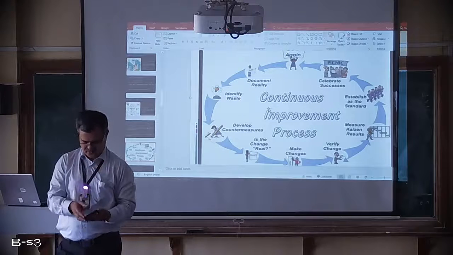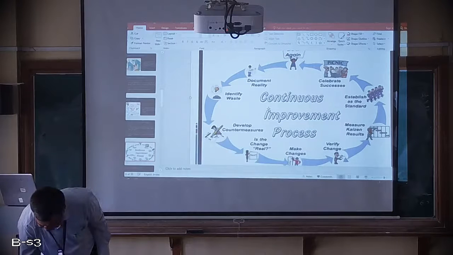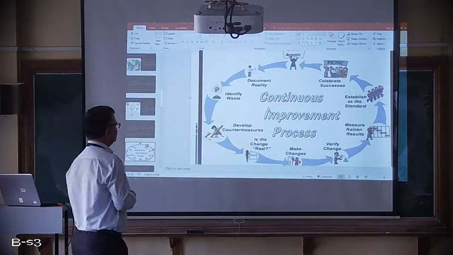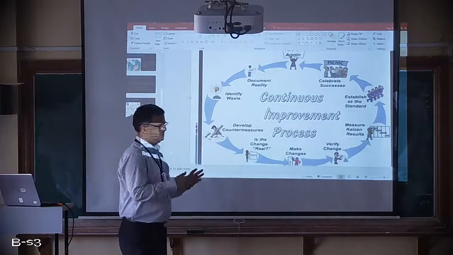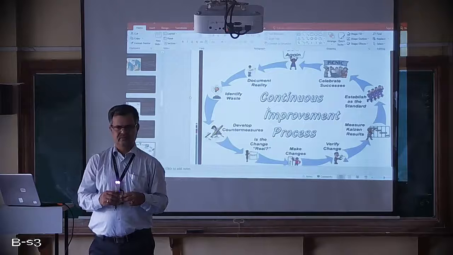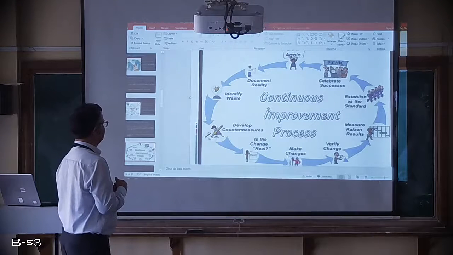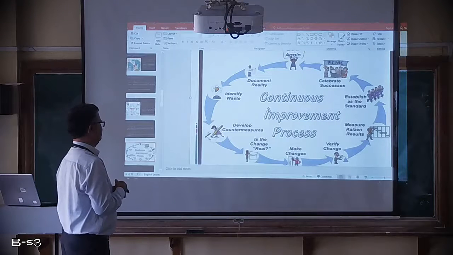First of all, identify the waste. Next, develop countermeasures, that is how to resolve that. Is the change real?